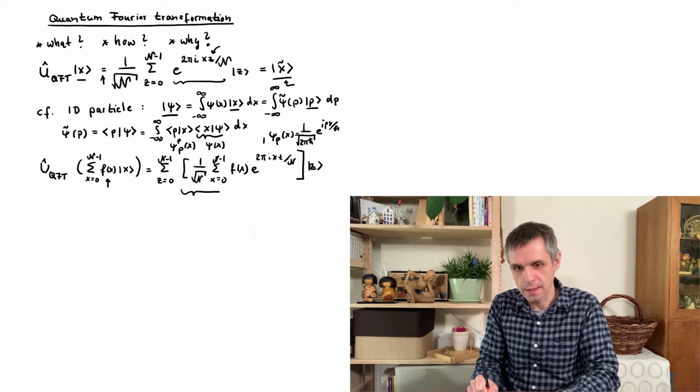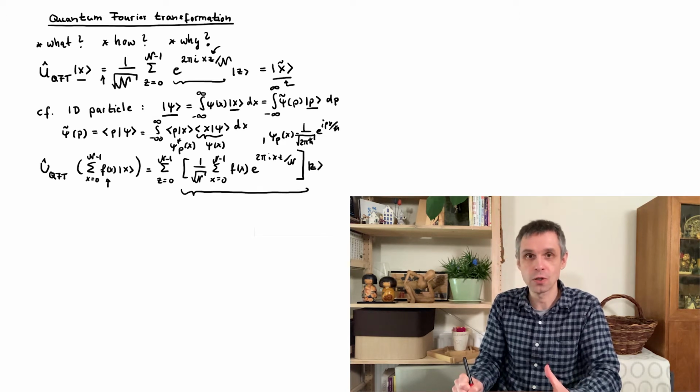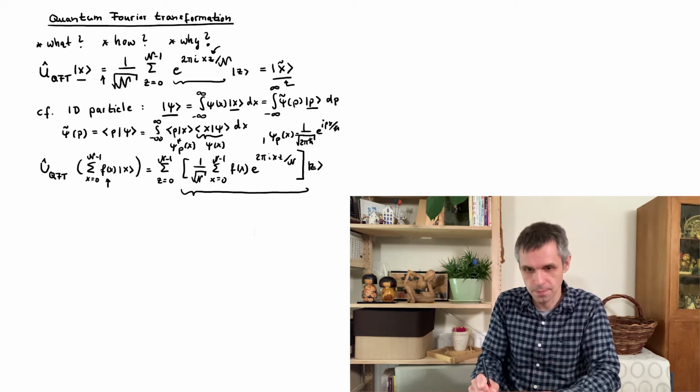And what we have here are now the conventional expansion coefficients of a discrete Fourier series. I'm going to denote this as f tilde of z.